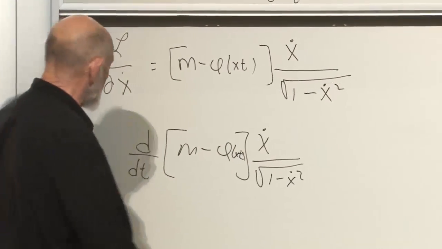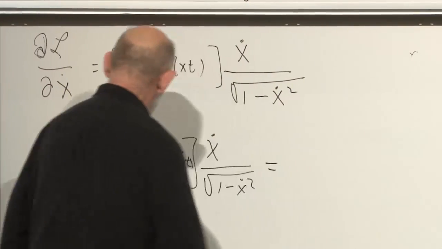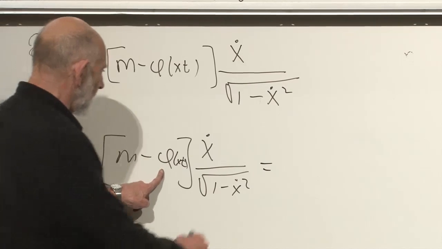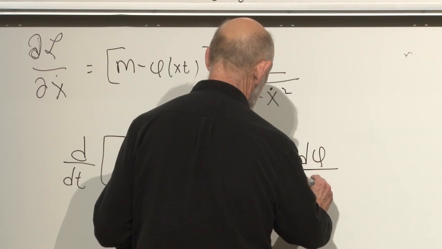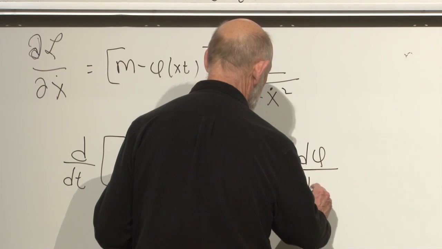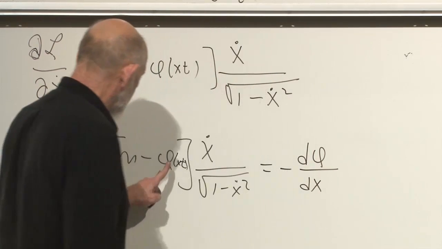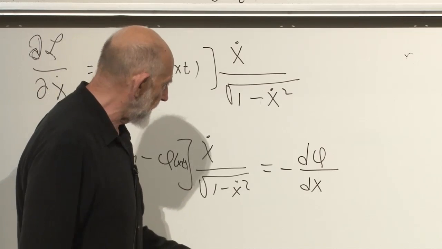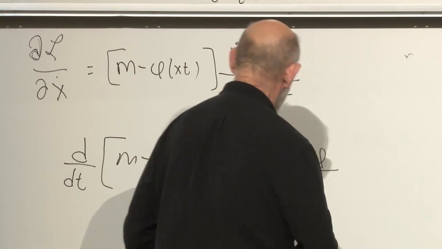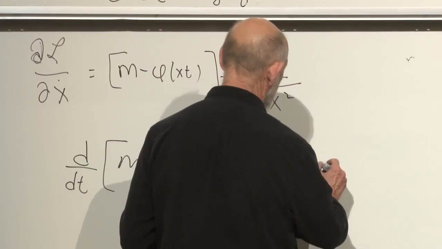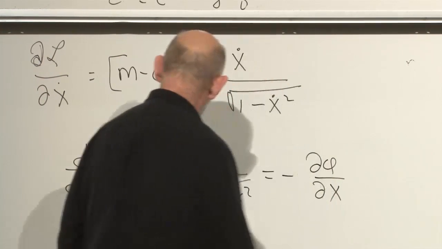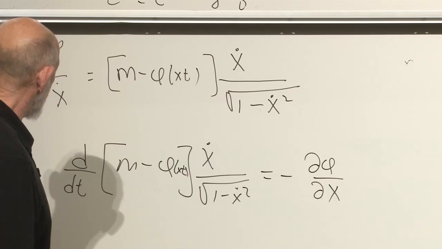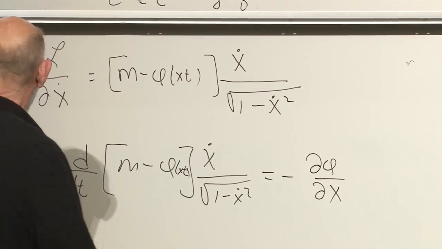So that's equal to minus the partial derivative of phi with respect to x, times, let's see, where's the Lagrangian?